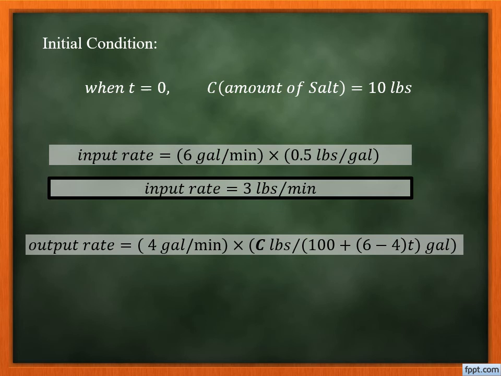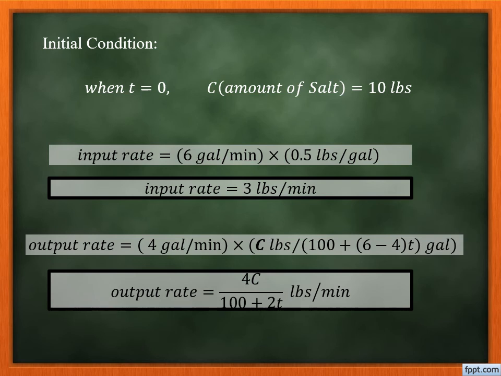So T is at any time T. Whatever T is indicated, for example, after 30 minutes, you need to substitute that with 30 to get the volume. So that will give us the output rate is equal to 4C over 100 plus 2T pounds per minute.